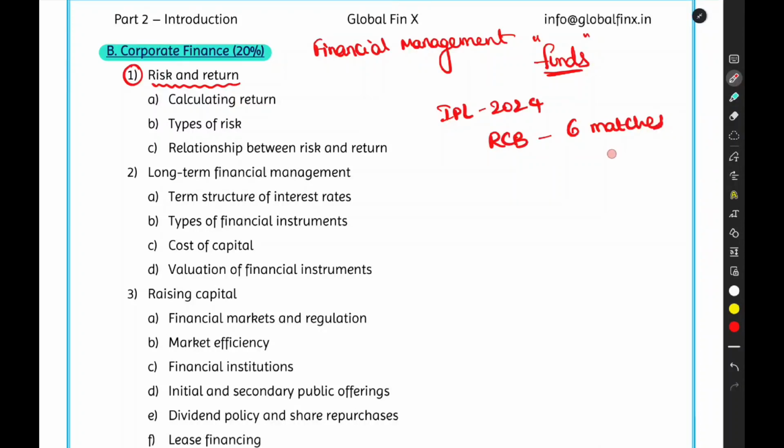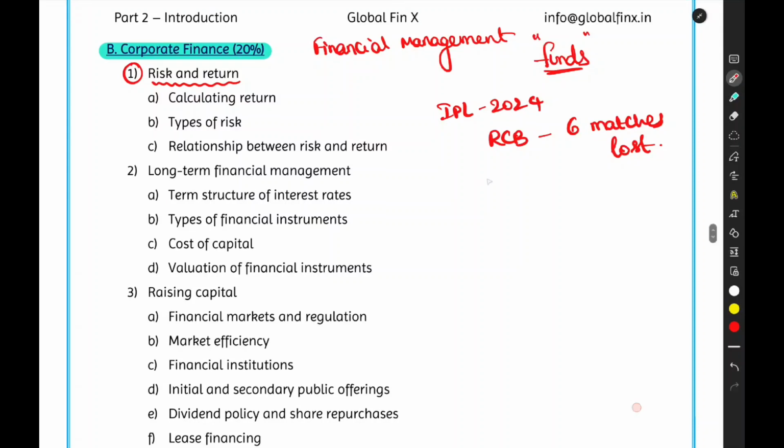At that point of time, the chances for RCB to go into the quarterfinals and qualifiers were less than 1%.